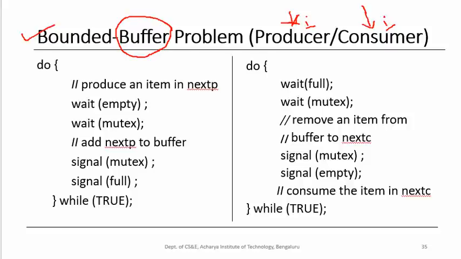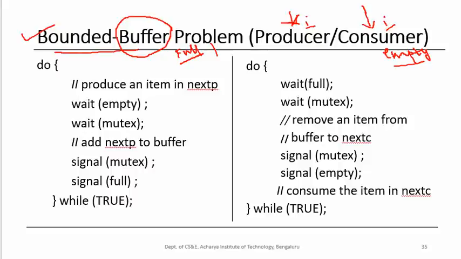Now the problem here is the producer should not produce an item when the buffer is full, and the consumer should not consume an item when the buffer is empty. So that's not possible, right? Consumer cannot consume the item from an empty buffer, and producer cannot produce into a buffer which is full.